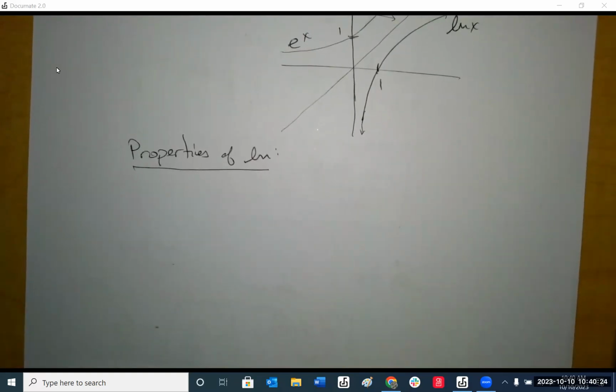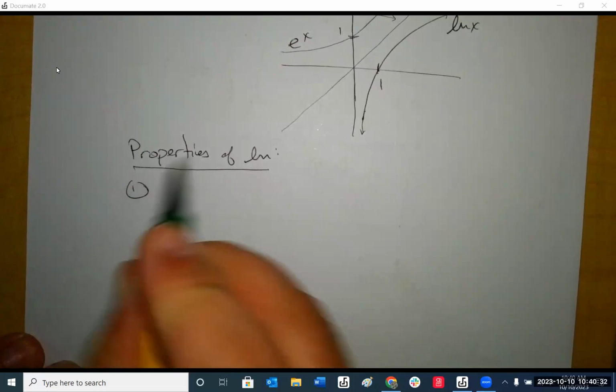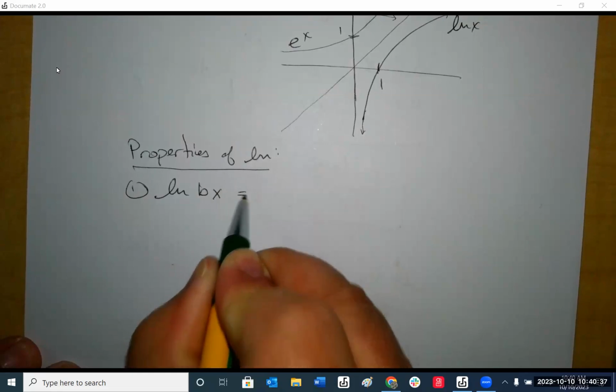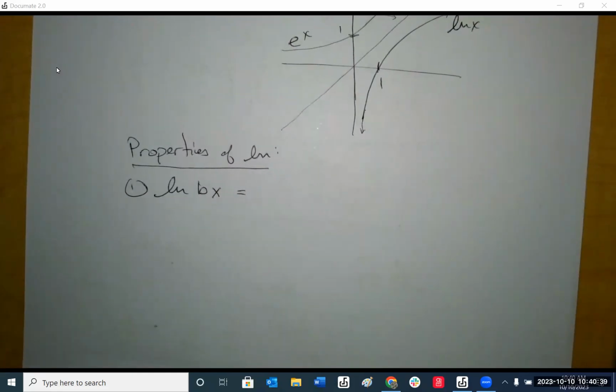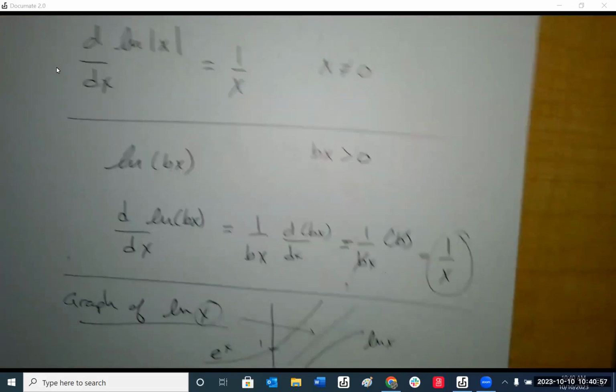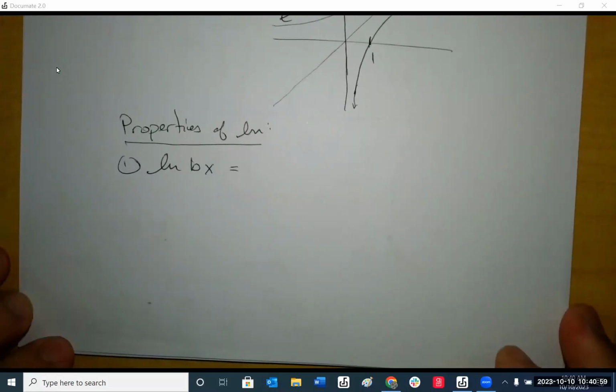Let's go back in time to review some of the basic properties of natural logs. Here's one of the reasons why, remember when we took the ln of bx and took a derivative? The derivative is 1 over x. Here's the reason why.